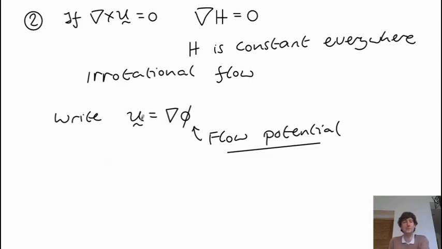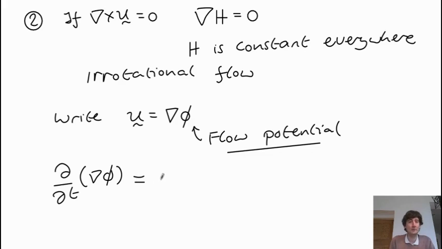So we can put this back into the momentum equation. So we have d by dt of gradient of phi. Now the curl of u term has gone away, and now we have a minus gradient of p over rho, this is this h quantity, plus a half u squared.